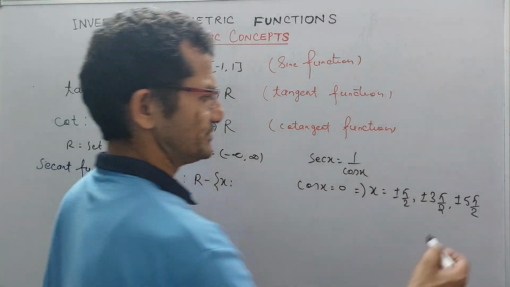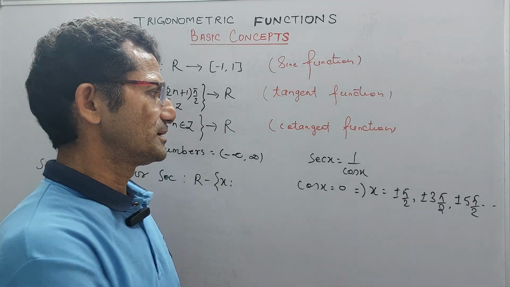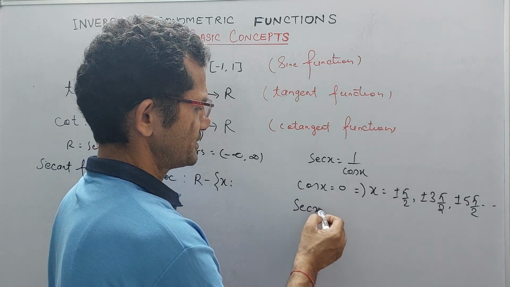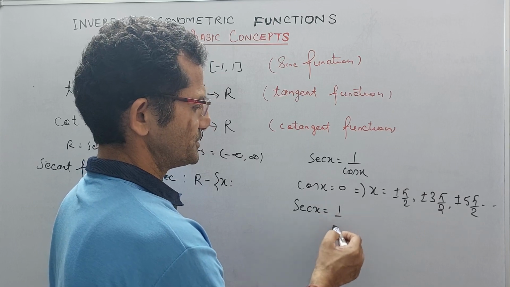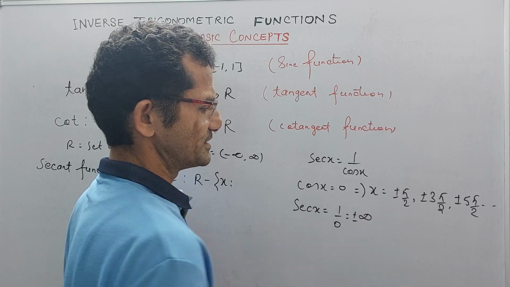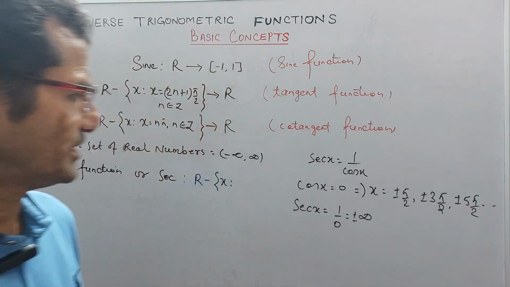There are infinitely many such numbers in the set of real numbers. For these values, sec x becomes not defined, meaning something upon 0, it becomes infinite. It can also be plus minus infinite.